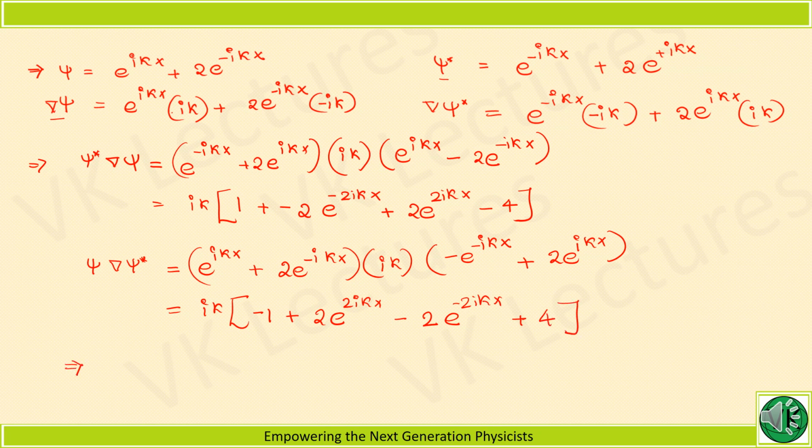Now what we need is psi star del psi minus psi del psi star, so we subtract this from this. Taking the minus sign into the second term, this becomes plus, this becomes minus, this becomes plus, and this becomes minus.